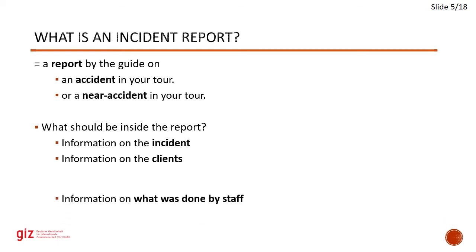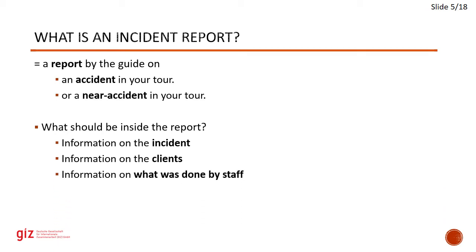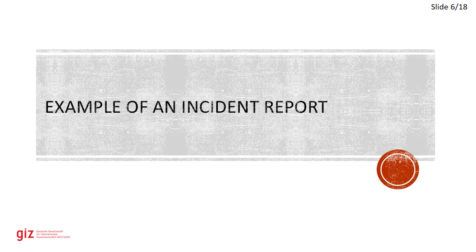And finally, information on what was done by staff following the incident. The guide should include as many details as possible. So we have to have a good reporting form to give the guides a framework to provide those important details. Let's now go over an example of an incident report.